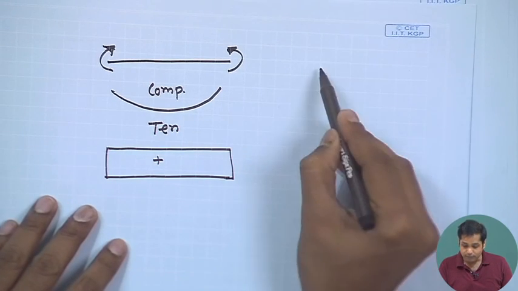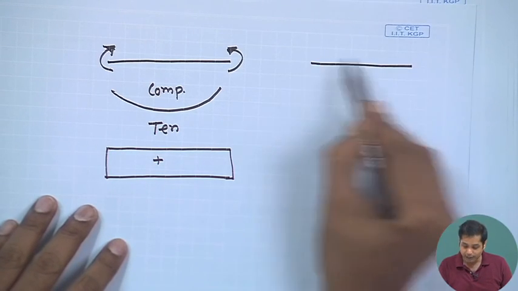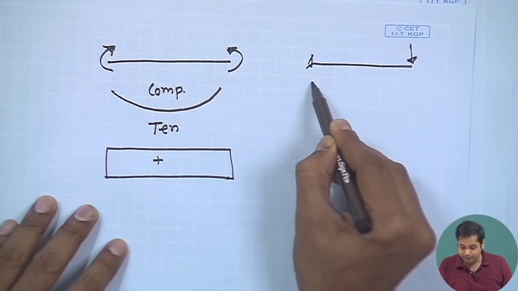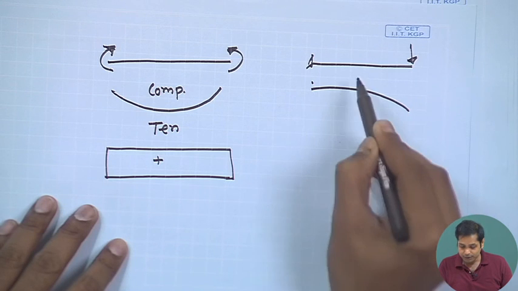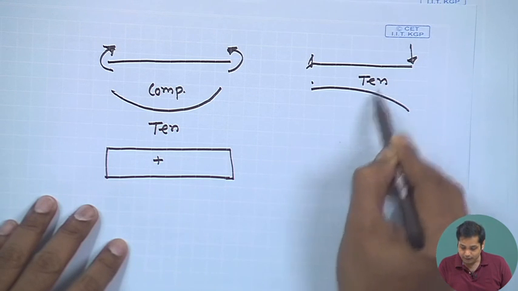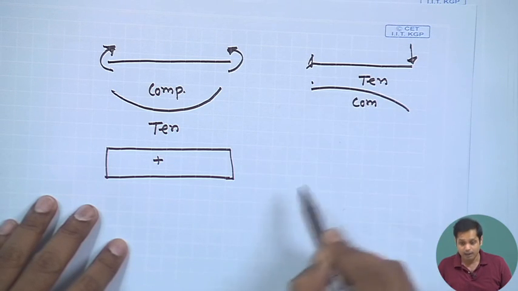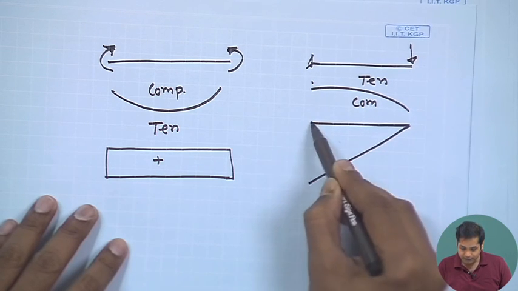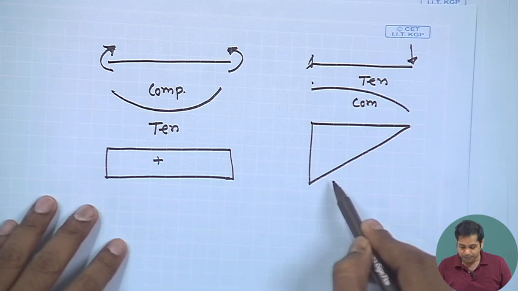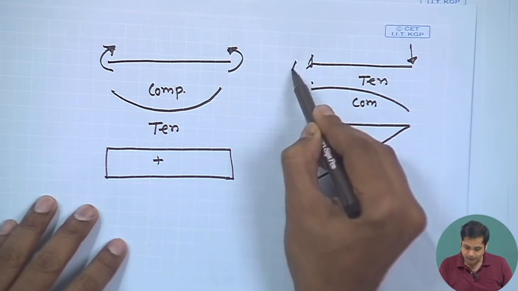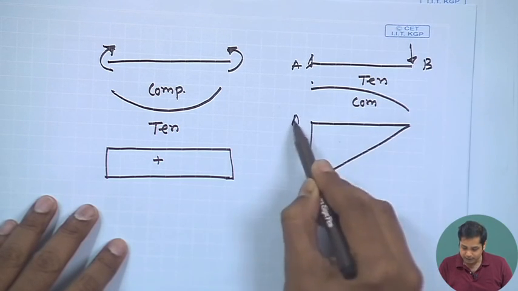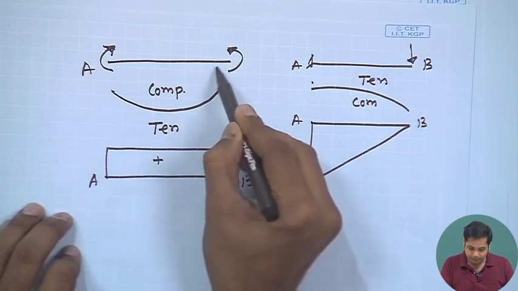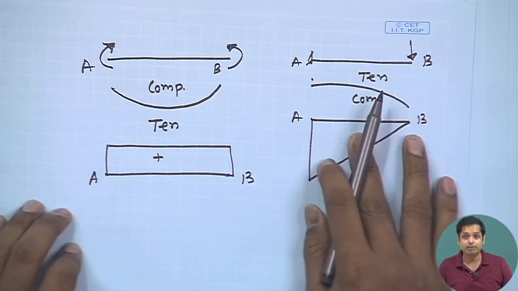Now, if we take a cantilever beam subjected to a tip load, it deflects like this. So, this is tension and this is compression. And how do we draw the bending moment as per our sign convention? This is AB, and this is the bending moment diagram.